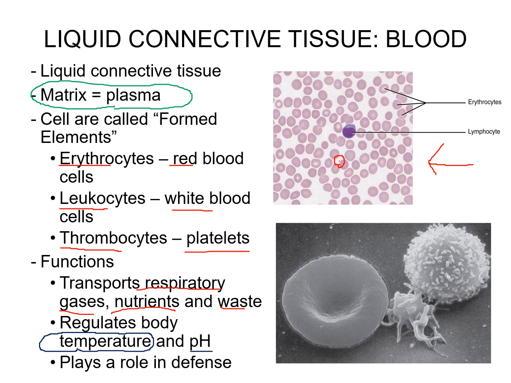And your pH levels, your chemical levels, making sure that we're not too acidic or not too basic, too alkaline. Your body kind of, remember, homeostasis. We don't want too much of anything or too little of anything. So we'll talk about how the lungs and the kidneys help with that next semester. And then your white blood cells, the main job of your white blood cells is your immune function, to help fight and kill things.